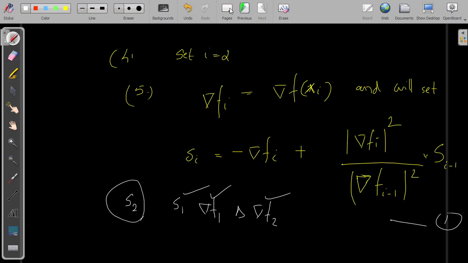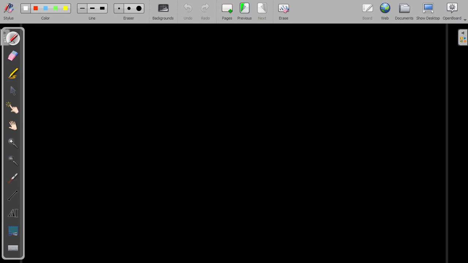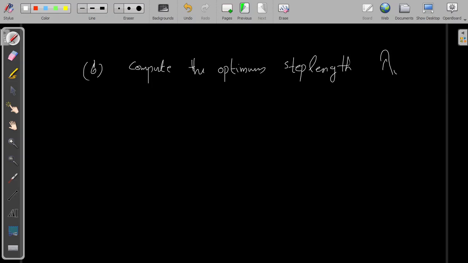Then in the sixth step, we will compute the optimum step length again, lambda i star, which here is lambda 2 star, in the direction Si, that means the direction of S2.